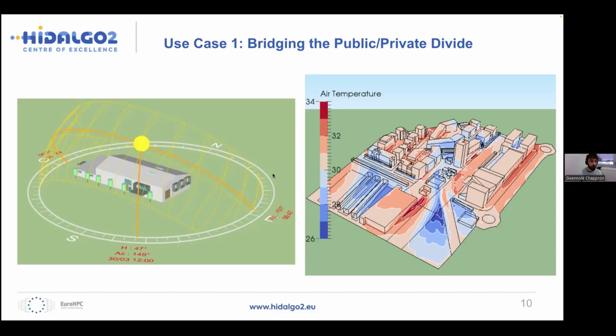The software that you are seeing right here is called Pléiade. It's the software that is used in France because it was developed for French regulation. This diagram of the sun represents the different paths of the sun for the different months.